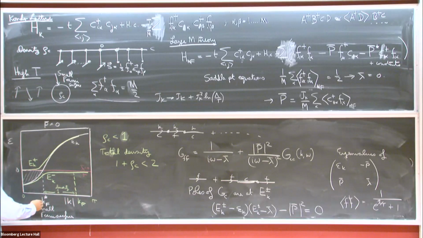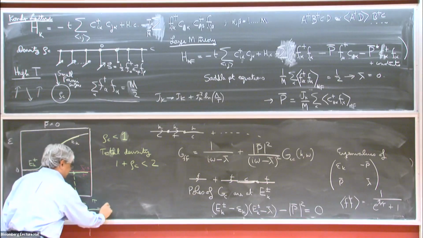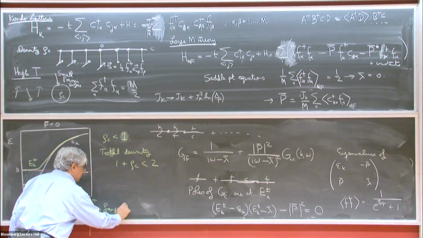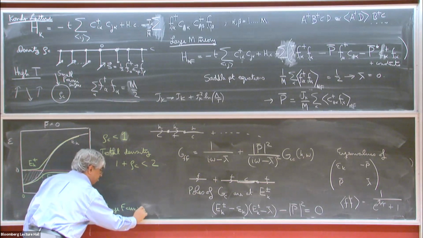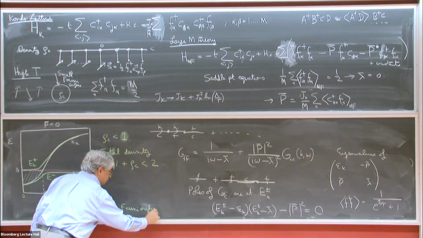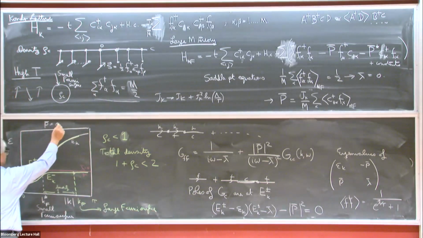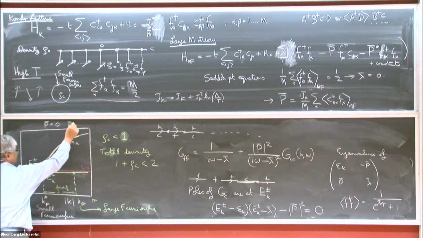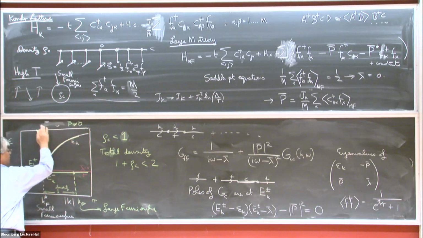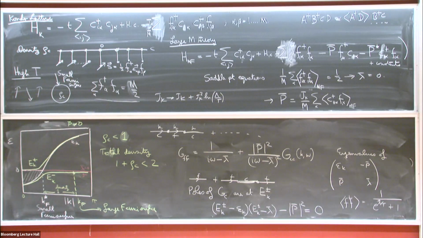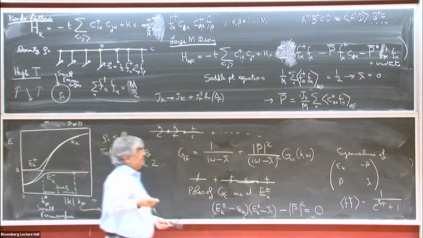So k_F star will move from here to there, and you get a Fermi surface out here. So this is the large Fermi surface. And this is for P bar not equal to 0. Okay, so that's the prediction of the large N theory.